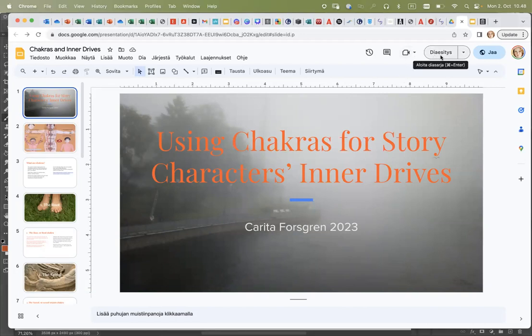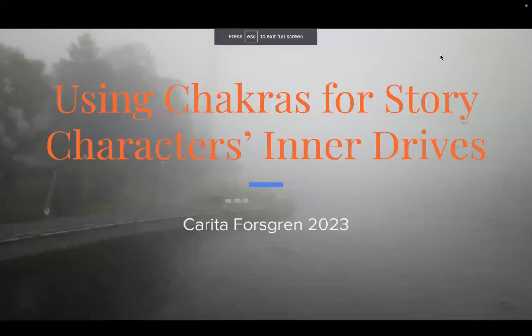So that's why this is called using chakras for story characters' inner drives. Actually, this is not my invention to use the chakras like this. There's a book called Inner Drives, from which I took a lot of inspiration.